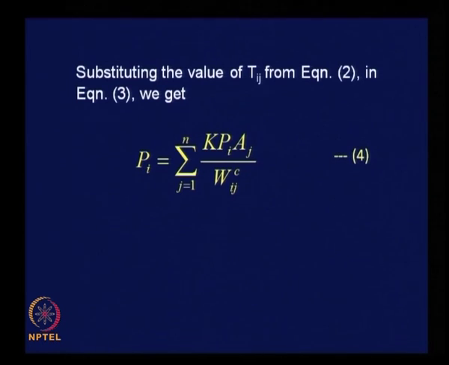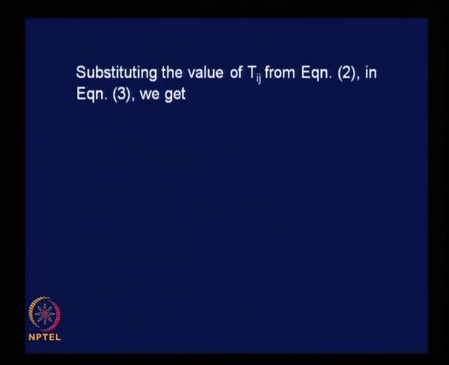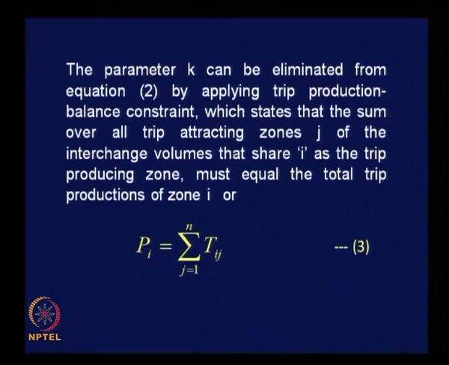Agreed? We are substituting the value of Tij; let us go back and see. This is what we do, and we know the value of Tij from equation 2. As per equation 2, Tij is equal to k times Pi Aj divided by Wij raised to power c.